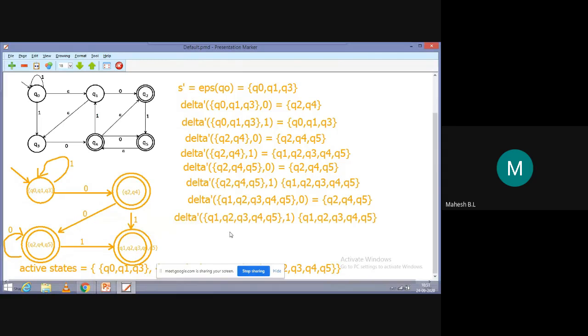Then next, the last state Q1 Q2 Q3 Q4 Q5. Here on 1 it's a self loop. So first let me draw the self loop. This one.